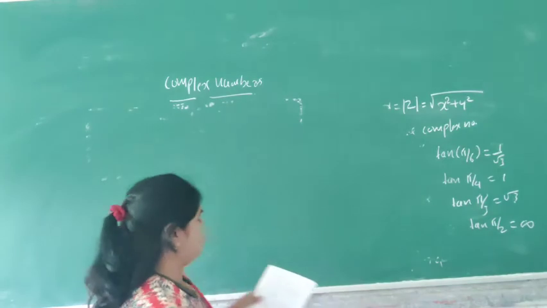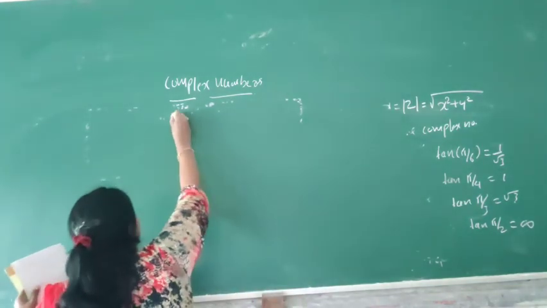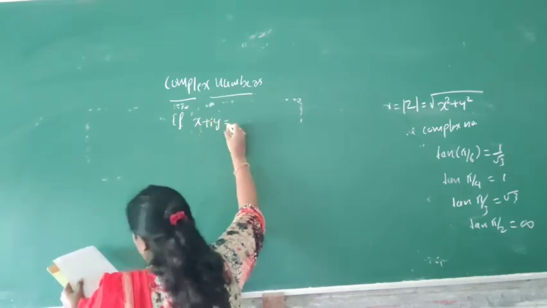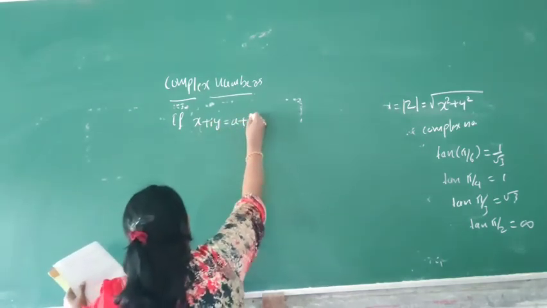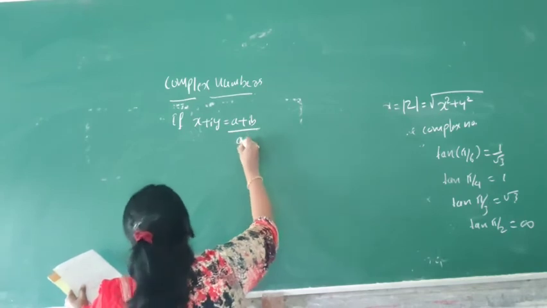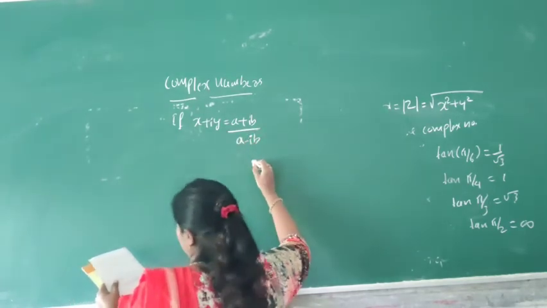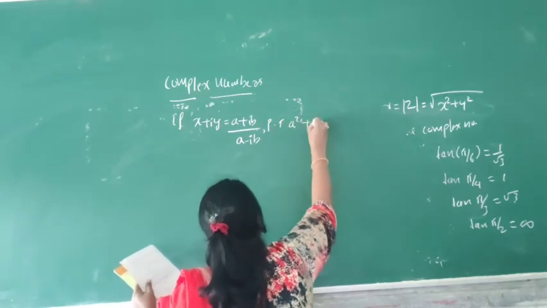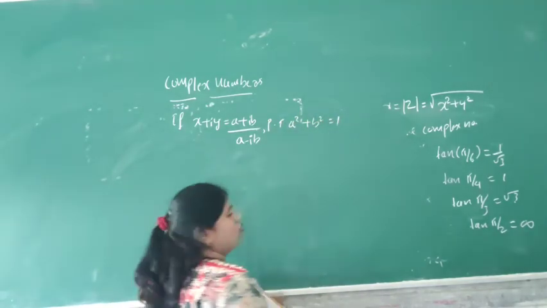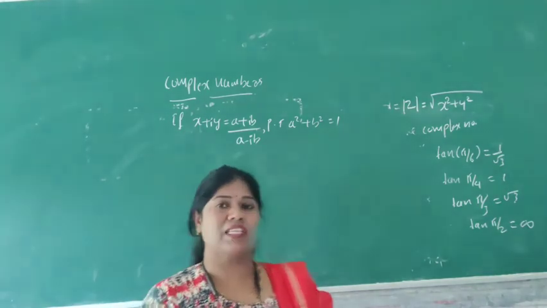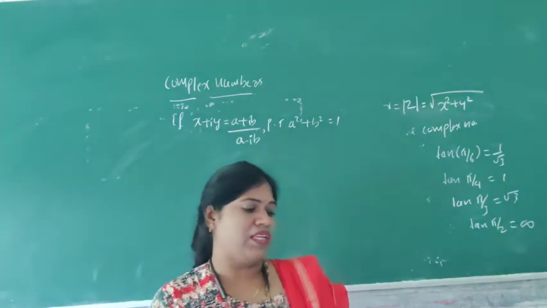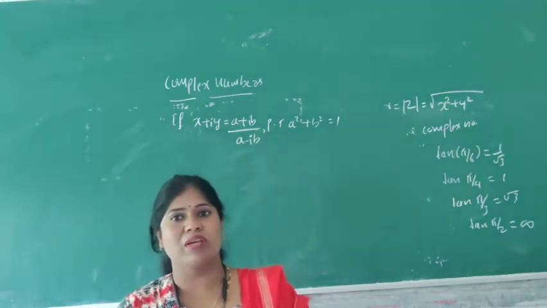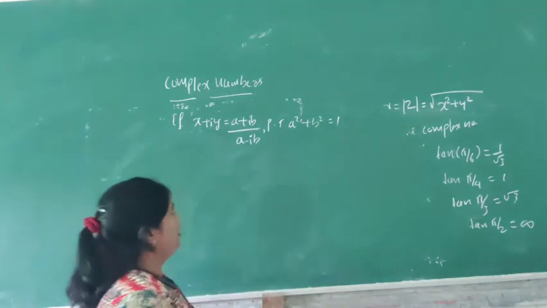Okay. So if x plus iy is equal to a plus ib divided by a minus ib, we have to prove that x square plus y square is equal to 1.